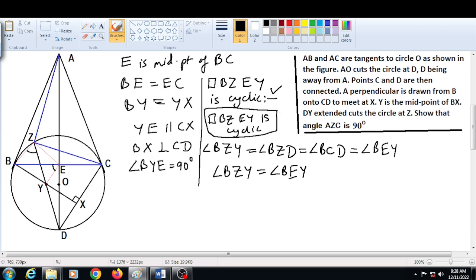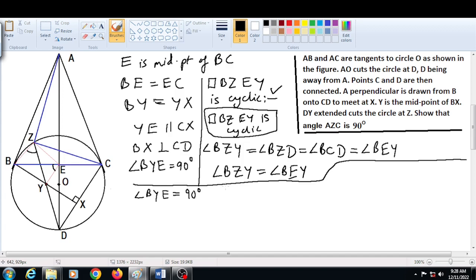Now, where do we go from here? We know that angle BYE is 90 degrees. We had proved this before.